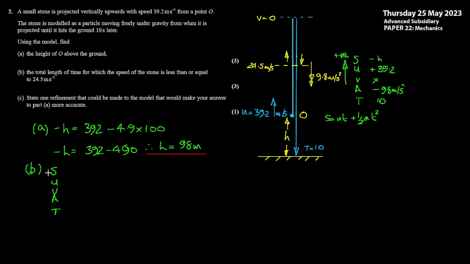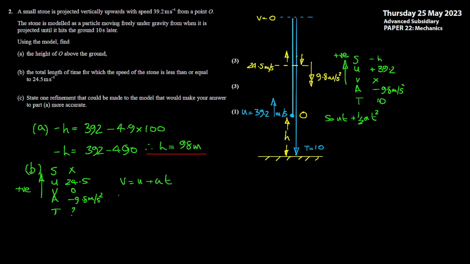So another SUVAT. And again, let's choose upwards as positive, filling in the blanks. Well, S we don't really care about. The u is 24.5. The v is 0. The acceleration again is minus 9.8 meters per second squared, and the t is what we need to know. So we need an equation that links u, v, a, and t. And one of the motion equations says v equals u plus at.